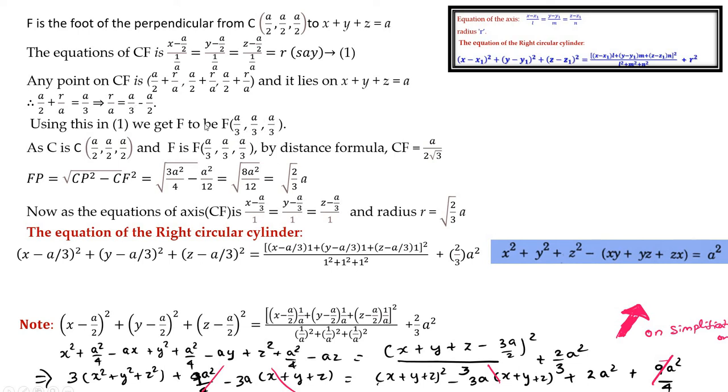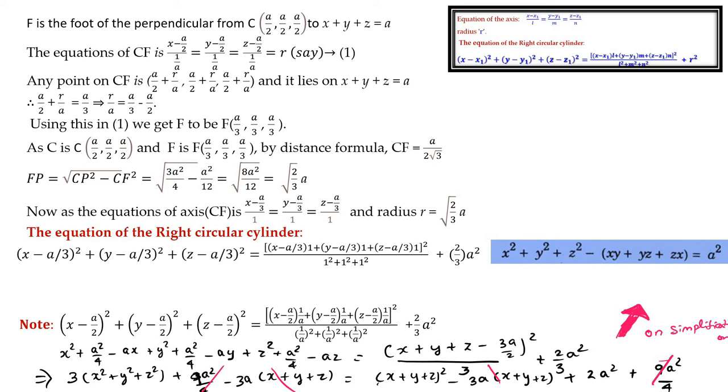So these are the coordinates of F. Now C is this point which is known to us already, C is the center of the sphere and F is the foot of the perpendicular from C to x plus y plus z equal to a. F is the foot of the perpendicular from the center of the sphere to the plane.